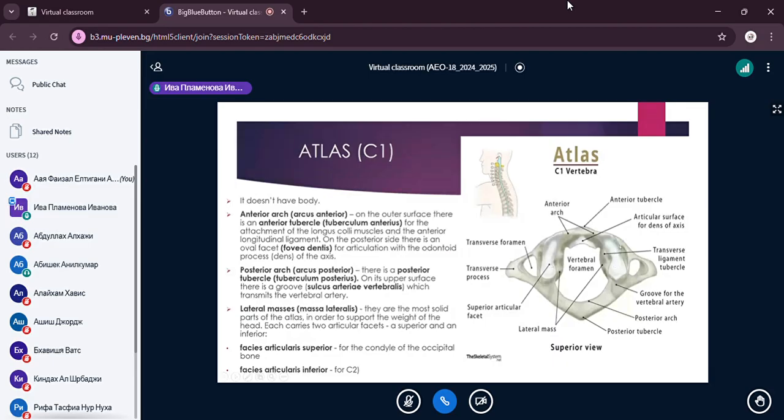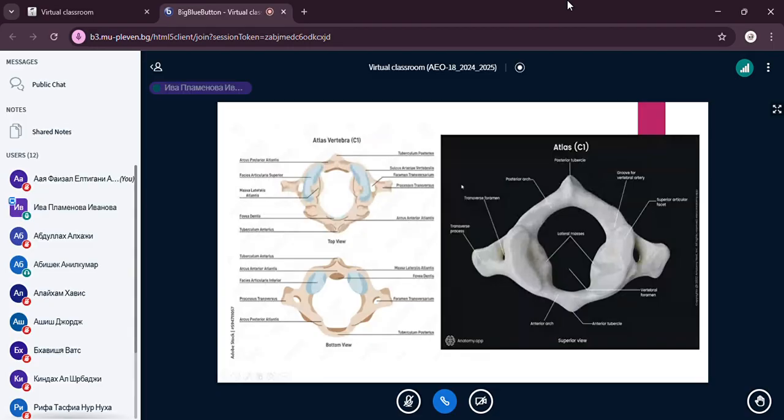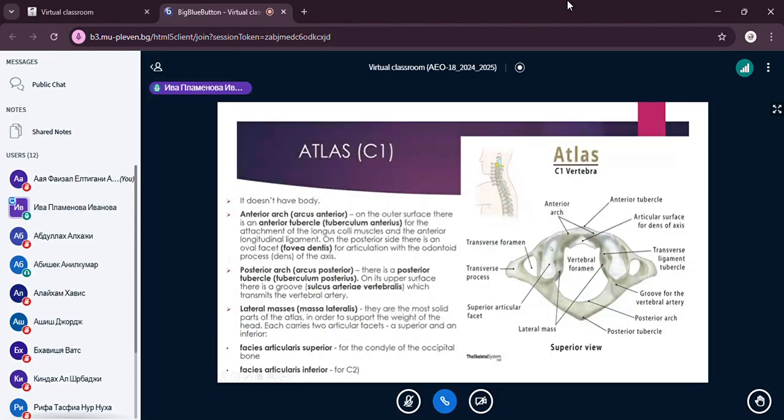This is massa lateralis here, with two articular facets. Here is the superior articular facet, and of course, we have inferior. The superior articulates with the condyle of the occipital bone, and the inferior faces C2.